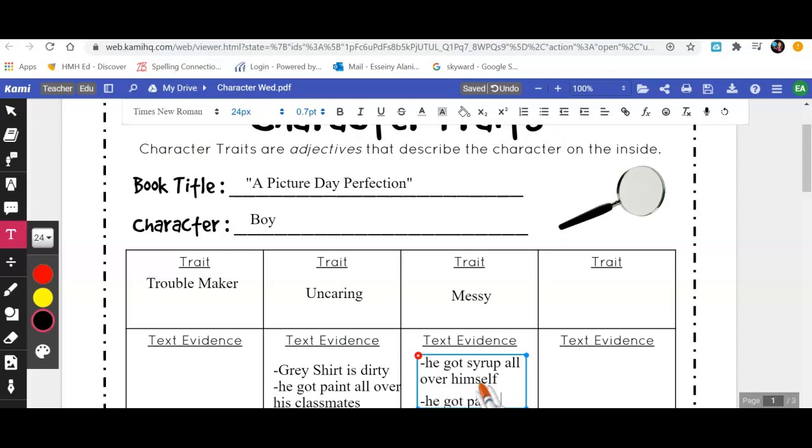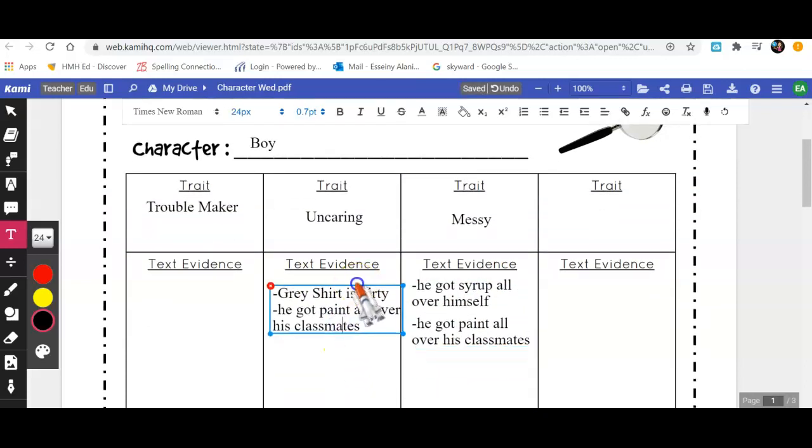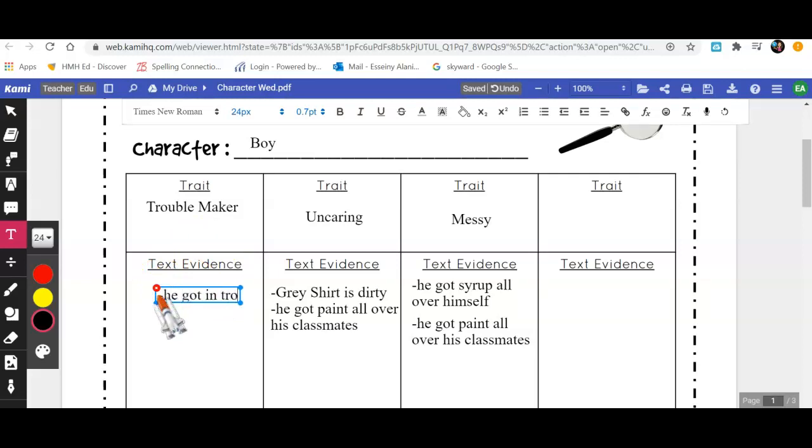He got paint all over his classmates. Troublemaker. He got in trouble twice. He got in trouble on the bus and at school.